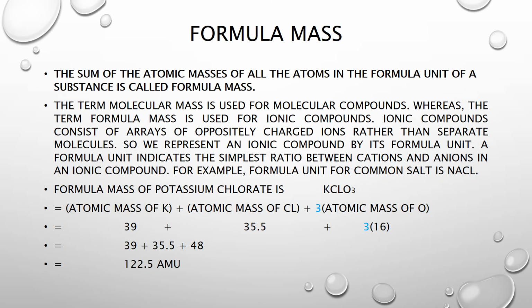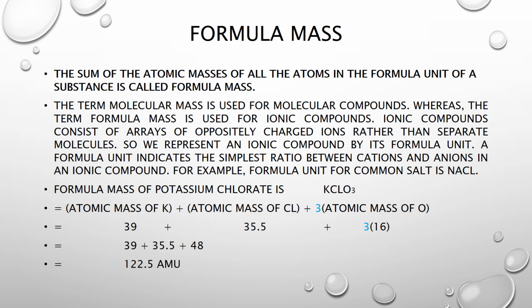What is formula mass? Formula mass is the term we use for ionic compounds. You know that ionic compounds do not exist in the form of molecules. Actually, ionic compounds are formed by the combination of positive and negative ions. Cations and anions combine in a particular ratio and then an ionic compound is formed.